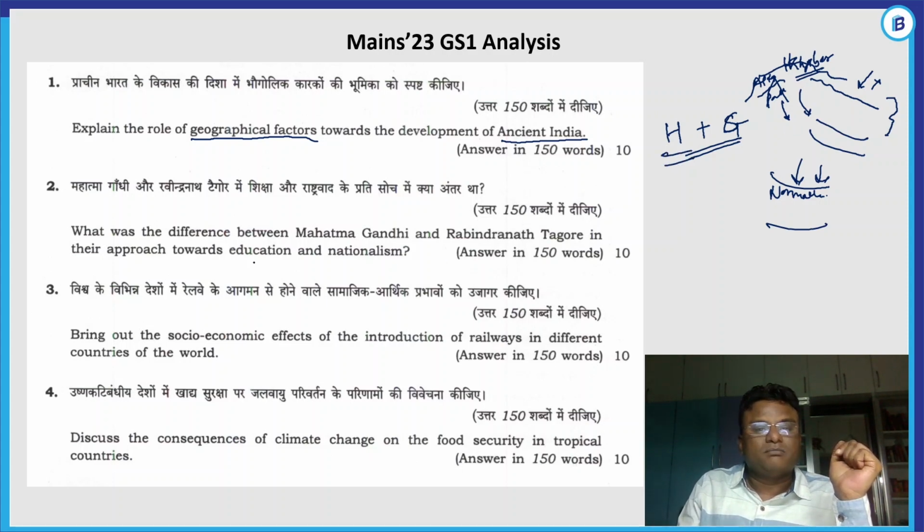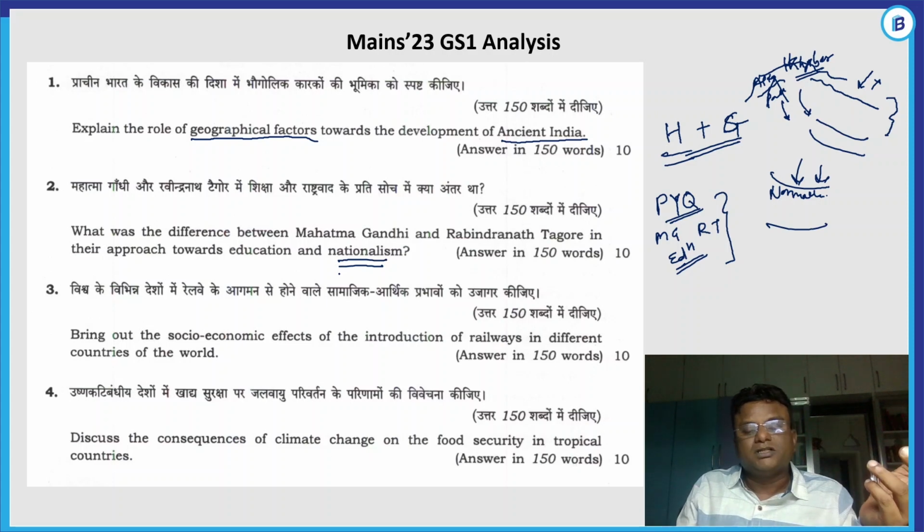Now second, महात्मा गांधी और रविंद्रनाथ टैगोर में शिक्षा और राष्ट्रवाद के प्रति सोच में क्या अंतर था. Now there have been a couple of questions long back on Mahatma Gandhi as well as Rabindranath Tagore, and their idea of education. So I would say that this is a PYQ based question, but they have also added nationalism here.